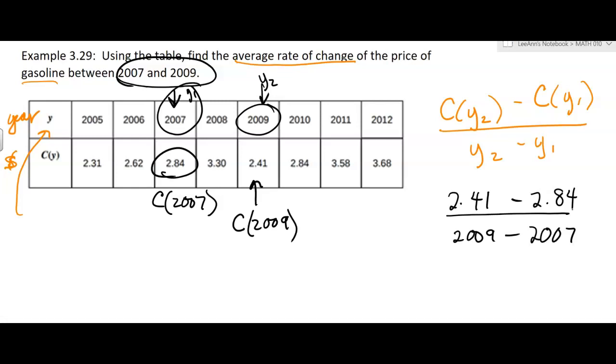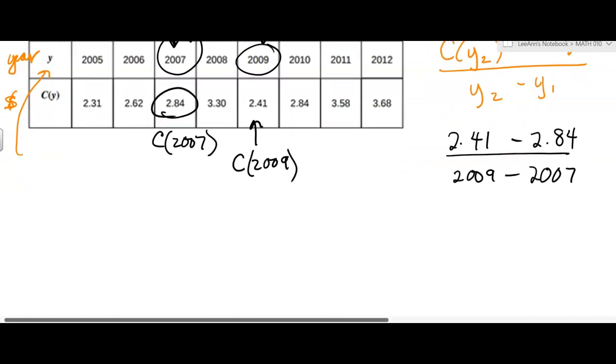Okay, make sure I'm doing that right. 2.41, 2.84. Okay, so when I subtract the numerators, what do I get? Negative 0.43, sorry. And when I subtract the denominators, I get 2.